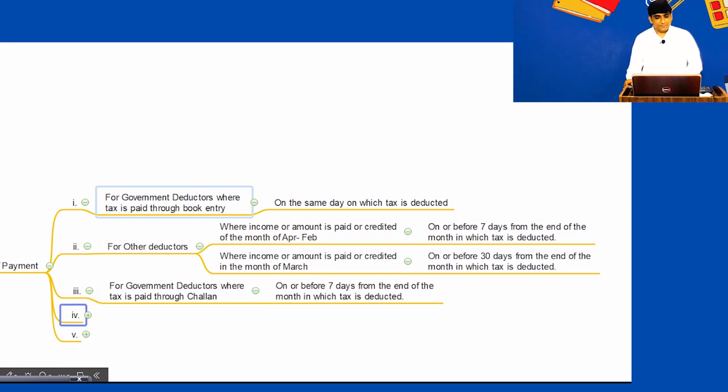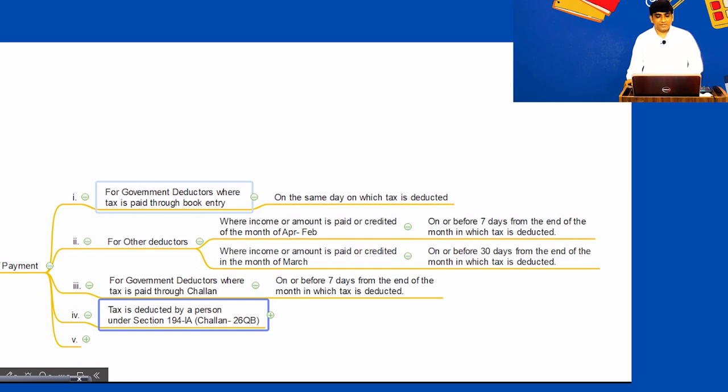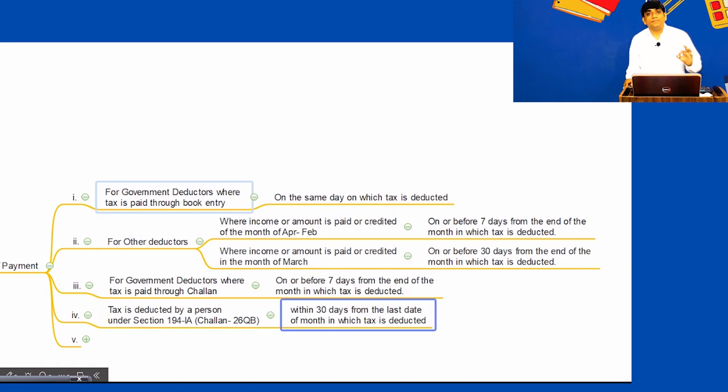Now some special forms which we have earlier mentioned. Form 26QB, which is for 194IA. We have already mentioned that it is challan cum return. Form 26QB is not a special kind of return.